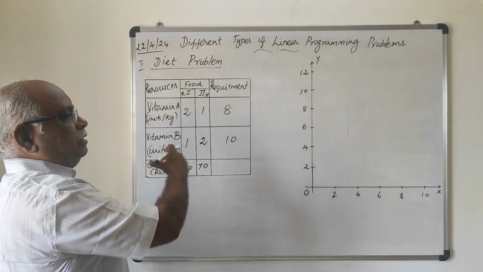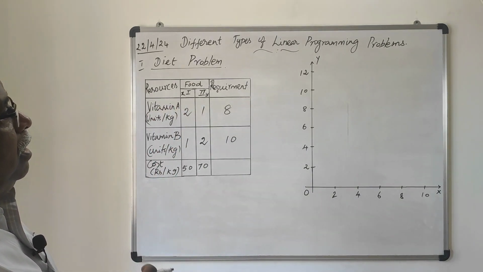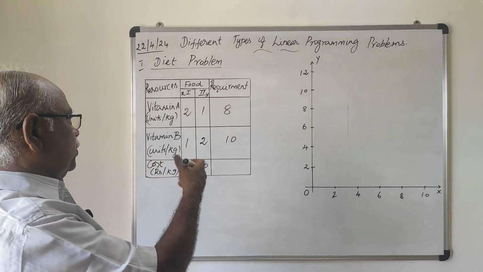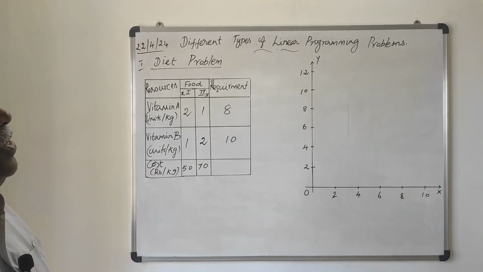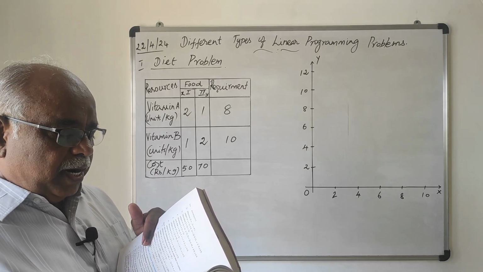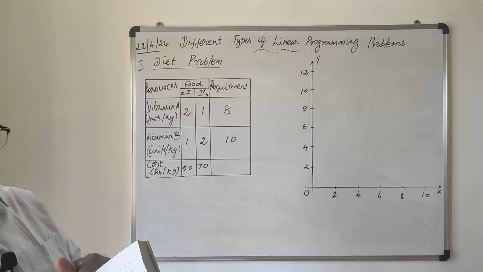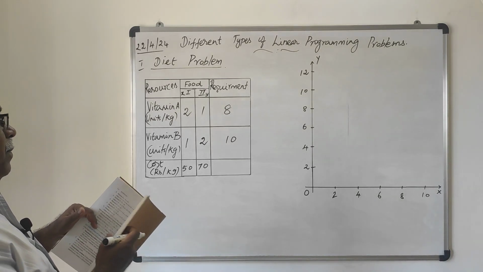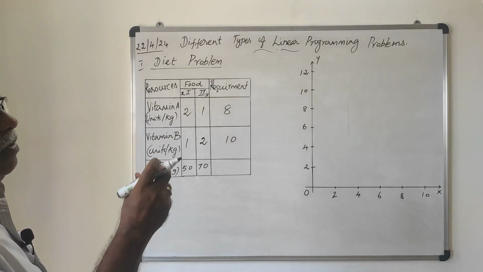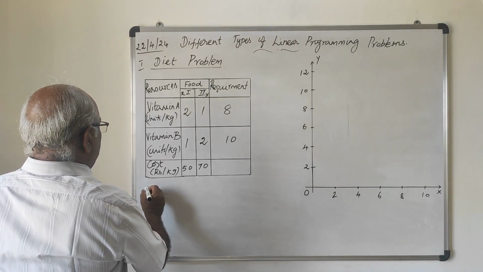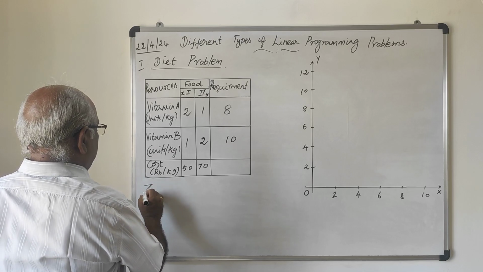Using this data, the dietitian wishes to minimize the expenditure on the cost of the food. Our problem is to formulate this as a linear programming problem to minimize the cost of the mixture.